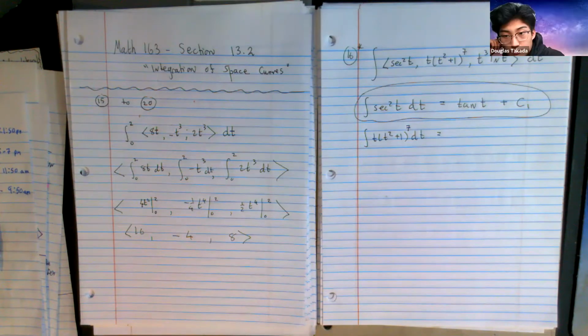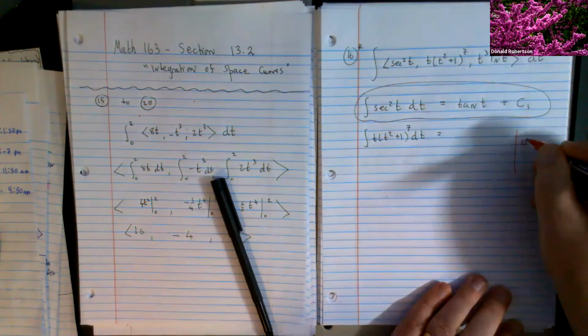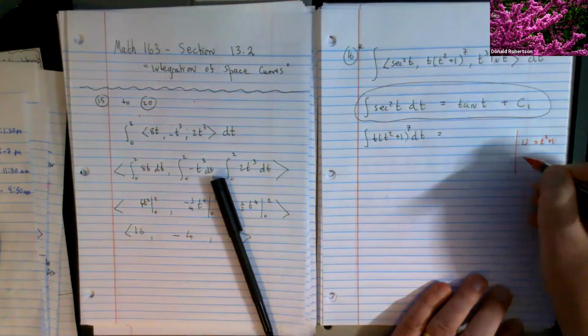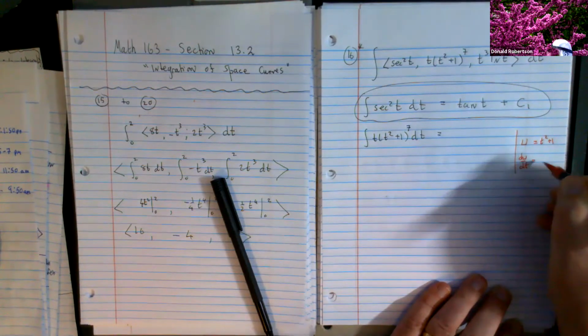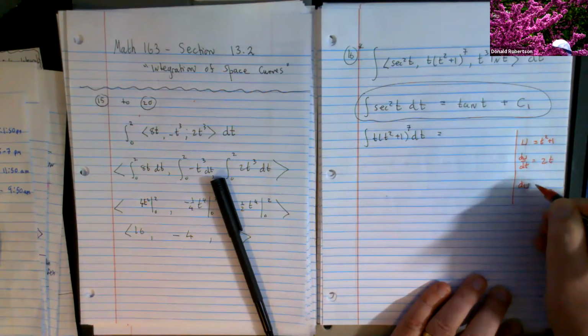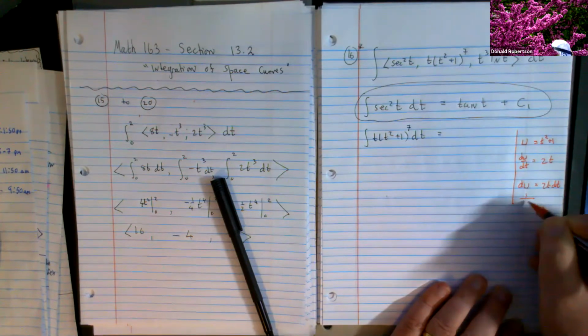U sub. Product. Agreed. And the U sub is going to be t squared plus 1. And you differentiate with respect to t. You do the crossover. And then you isolate.